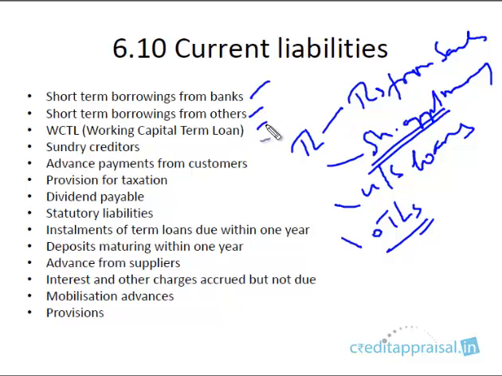Short-term borrowings from others, WCTL, creditors, advance payments from customers, provision for taxation, dividend payable, statutory liabilities, installments of term loans due within 1 year, deposits, advance from suppliers, interest and other charges accrued but not due, mobilization advances and provisions. In this segment we'll be discussing each of these items.